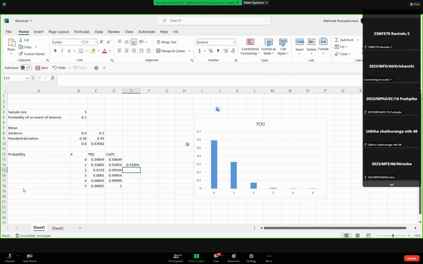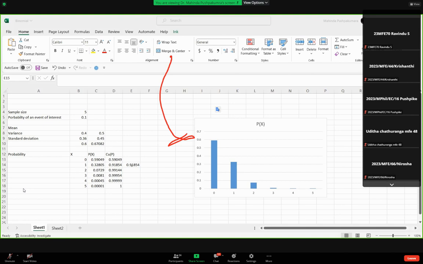Or else, there is a technical error. Okay, however, this value shows actually P of x equal 1, no less than 1.